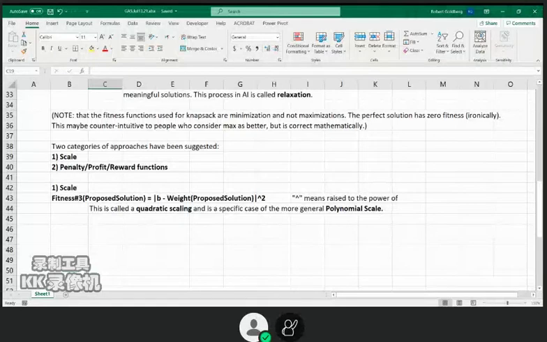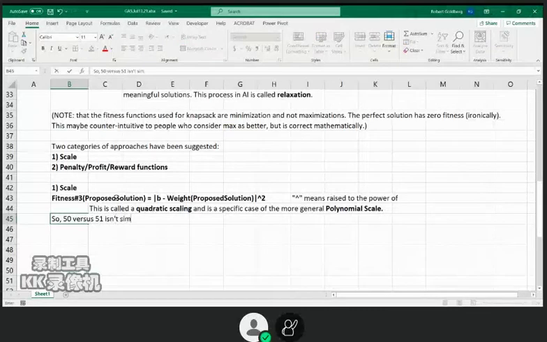So the closer you are to B, the better the result. 50 versus 51 isn't simply one away, but rather, let's calculate it, 97 minus 50 squared versus 97 minus 51 squared.